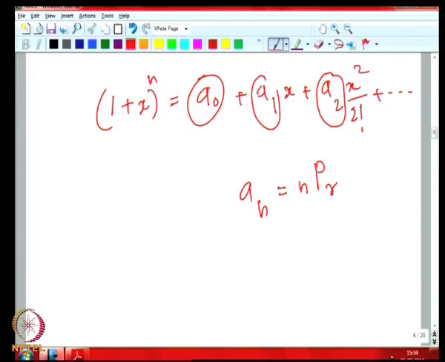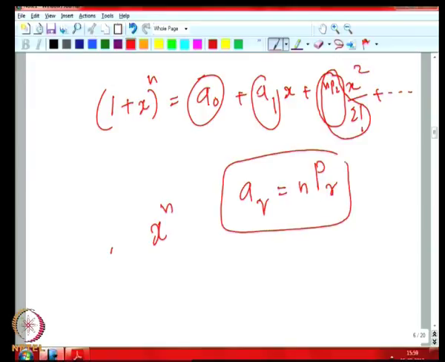Why is it so? If you put n p 2 by 2 factorial, it is going to be n c 2, which is the actual number which should be the coefficient of x square here. So, ar should be n p r, right.